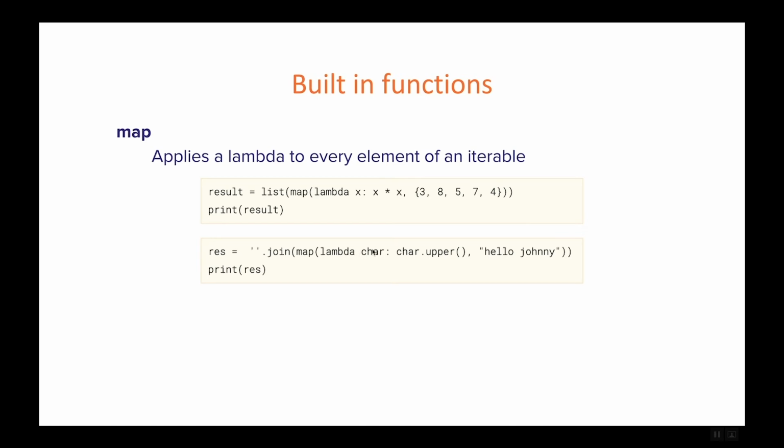We take each character individually and call .upper, and then we pass the string or the iterable that we want to apply it to. Now, again, the map function will give us a map type, and in order to convert that to a string, we will do empty string .join, and that will convert that into a string for us, and we will print that result.